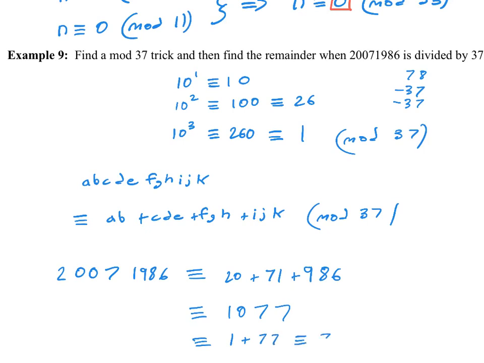You get 78, and then from 78, we could subtract 37 twice. So 74 could be taken away from that, and then as a result, we would get 4 in mod 37. So the remainder of my big number, we found it pretty darn quickly here, is 4.